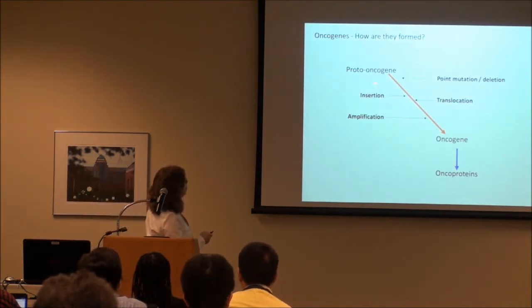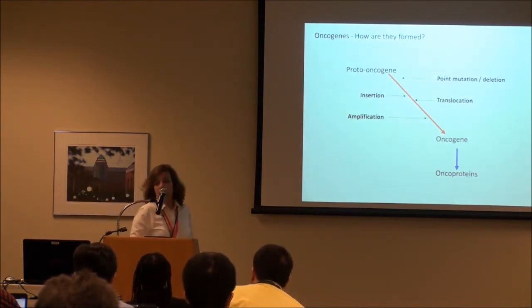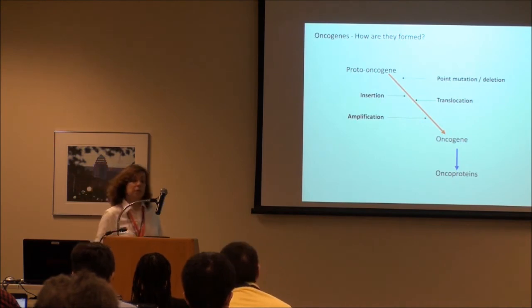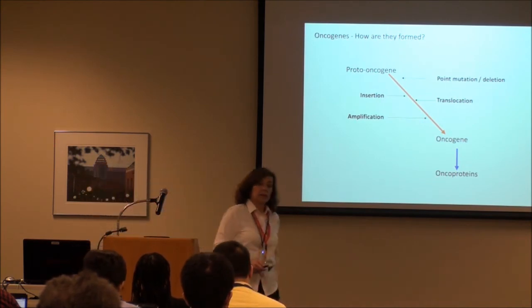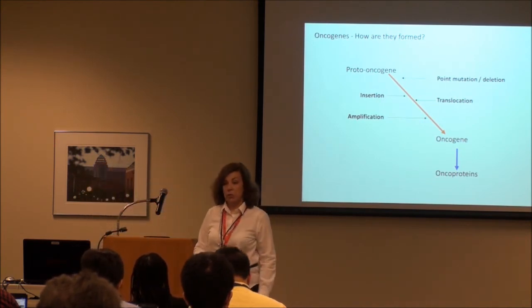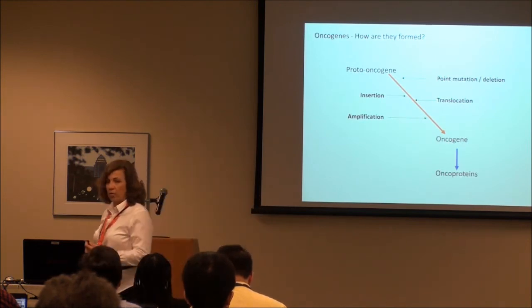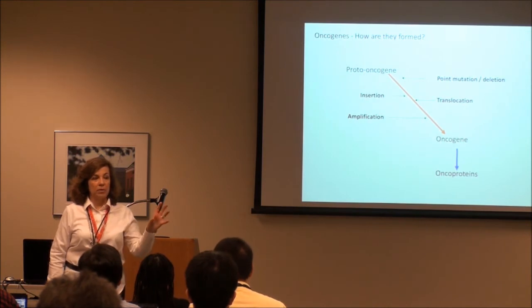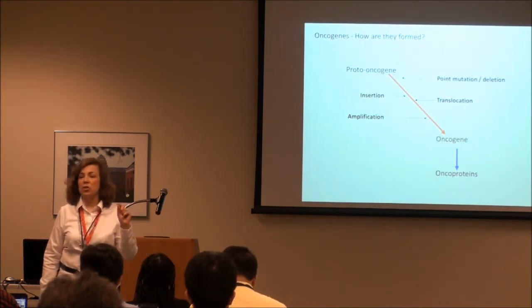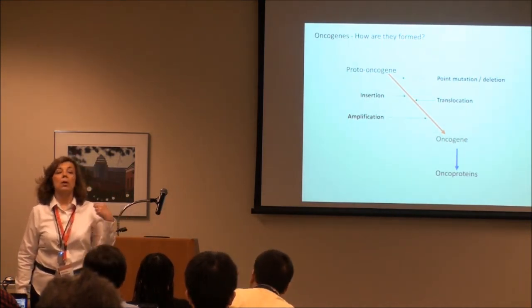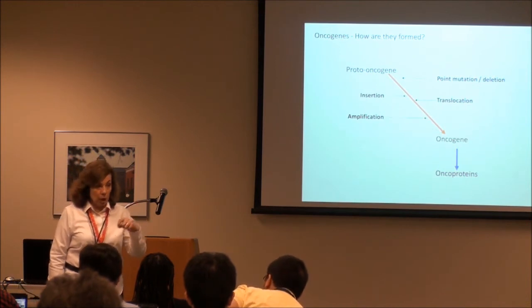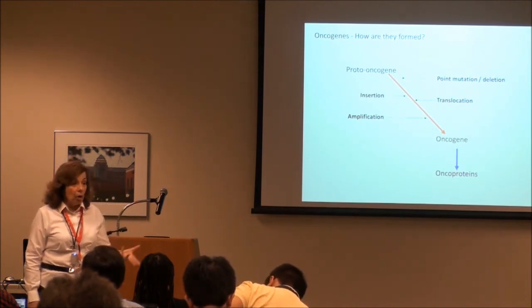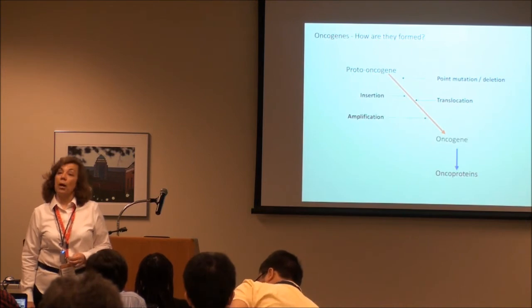Some of these oncogenes are formed due to the viral modification. So yes, about 20% of all cancers are viral in origin. Why? Because the virus has the ability to insert their own DNA into our genetic material and modify this signaling process.